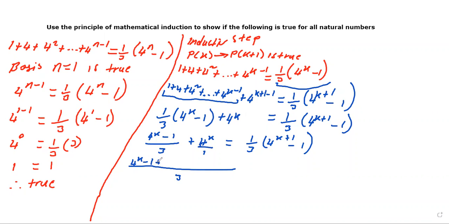Now we may be tempted to just use the 3 to multiply what's up here, and that's fine. However, because we are dealing with indices, if we try to multiply 3 by 4 to the k, you will end up with a little problem. So what we try to do is to express this in terms of 4 as much as possible.